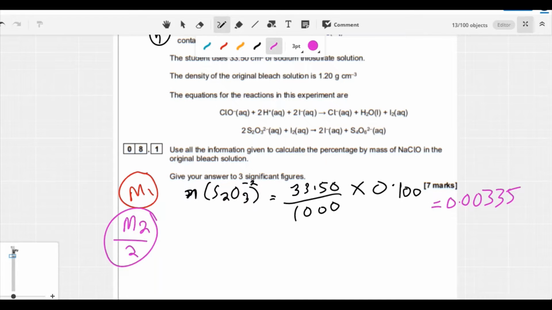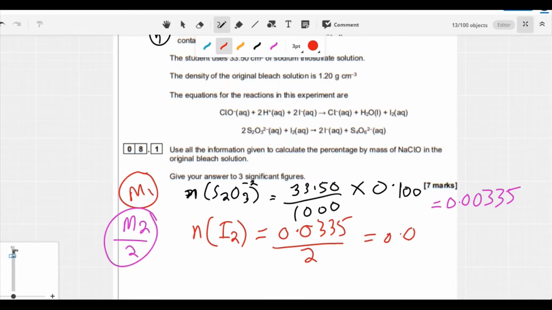Here n of iodine I2 will equal 0.00335 divided by 2, which equals 0.001675. That is your second step.